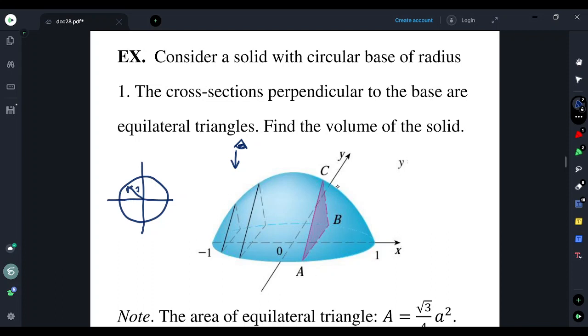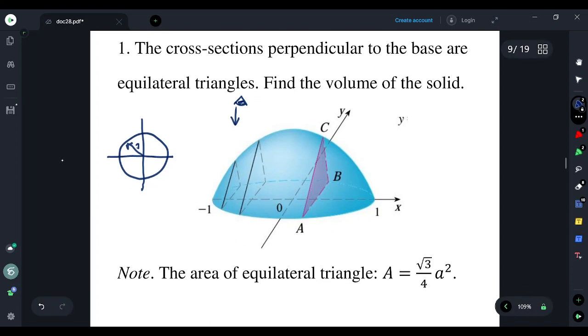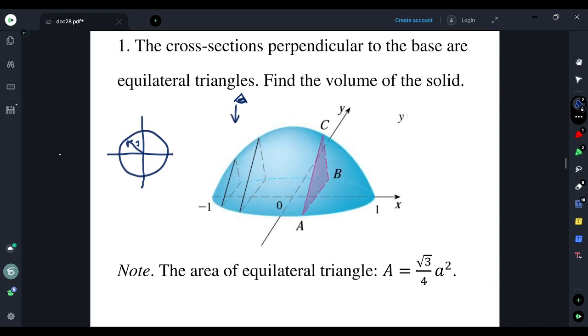So in this case, let us put the x-axis and the y-axis, and suppose we are taking cross-sections perpendicular to the x-axis, and the solid has the cross-section according to the figure. It is a triangle A, B, and C, which is equilateral, meaning the side lengths of the triangle are equal, right? So let's say this is at x, and we need to find the cross-section area at x for this equilateral triangle.